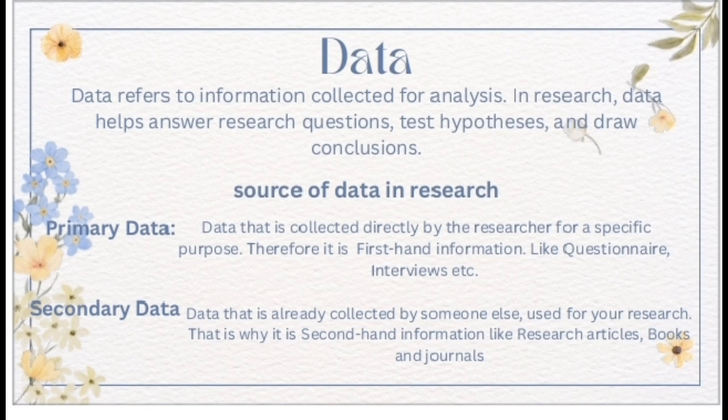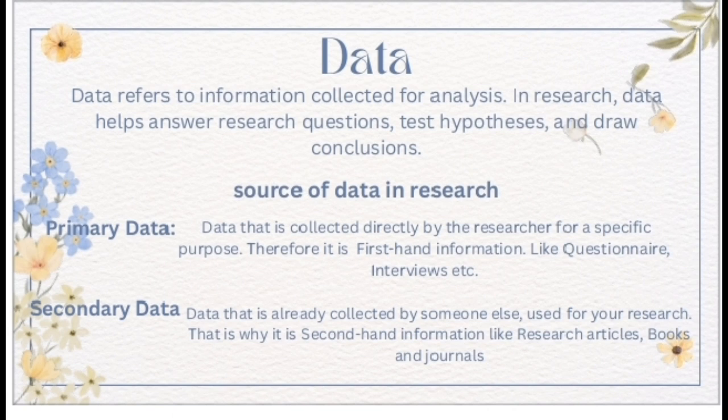If I use someone else's research, because their answers match my answers, then I can use others' research in my research as well. So the data which I collect from others' research will be known as secondary data. Secondary data means second hand data, because it's not collected directly. It is someone else's material which we use in our research.